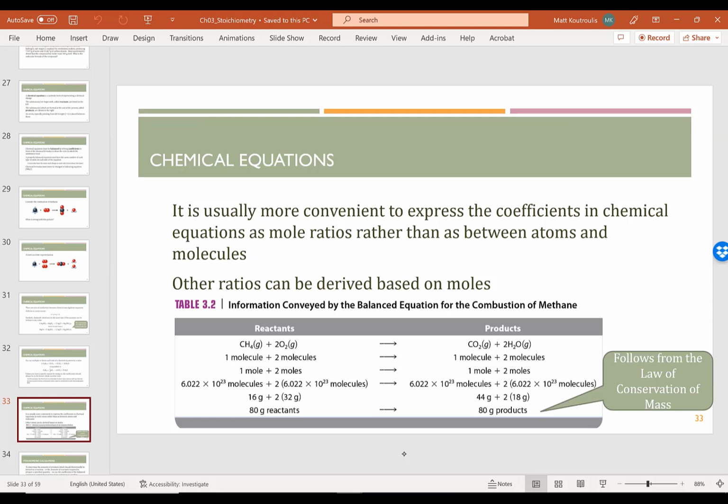Using Avogadro's number, we could break that down into numbers of molecules, and further to grams if we wanted to, but we don't write grams in front. Ultimately, if you convert all this, you get 80 grams of reactants giving you 80 grams of products. Is that what we would expect? Yes. Good. Conservation of mass says that's what we should get.